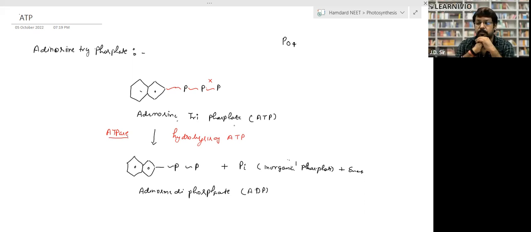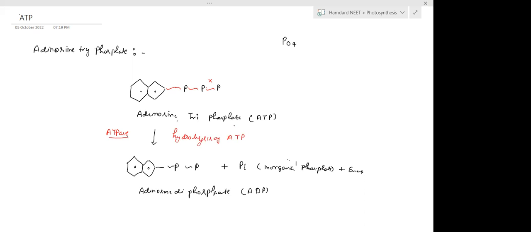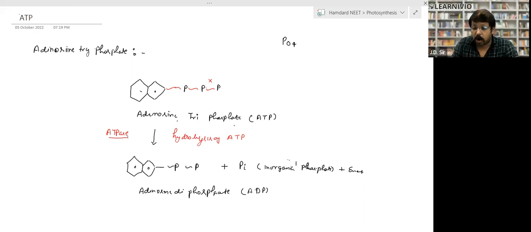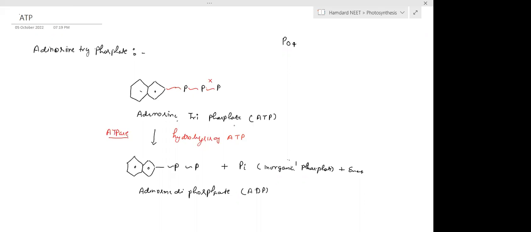Tell me honestly. Hydrolysis of ATP, right? So if it's not complex for you, then you can write it down. There is one more technical name of this process, that is called dephosphorylation. Should I write it down? Yeah.